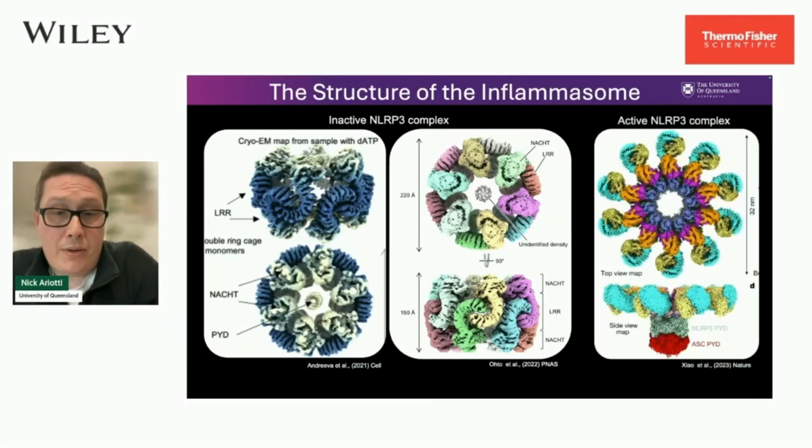Just 2 years ago, this paper was published in Nature from Zhao et al., which really elegantly solved the organization of the active form of the NLRP3 complex. Critically, the structure shows that you have the directed arrangement of the pyrin domain on one side of this particular complex, which is free to interact with other pyrin domains, just like on the ASC protein.